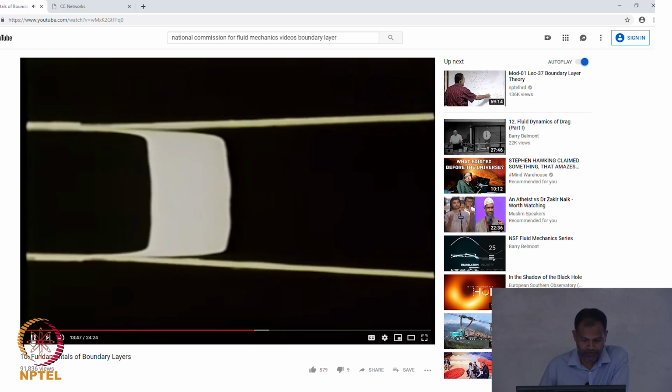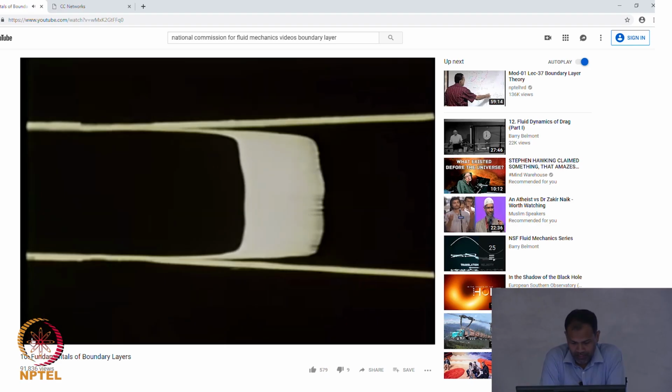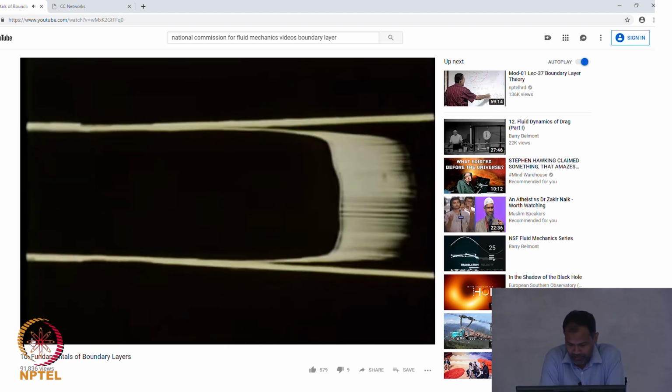Slightly diverging is going to generate a weak adverse pressure gradient, so there will not be any separation, but as you will see, as divergence increases, you will see the fluid flow separating. Here this is without separation, so you can see the boundary layer here. This black region is basically the representation of boundary layer. The boundary layer grows, but nothing special happens.